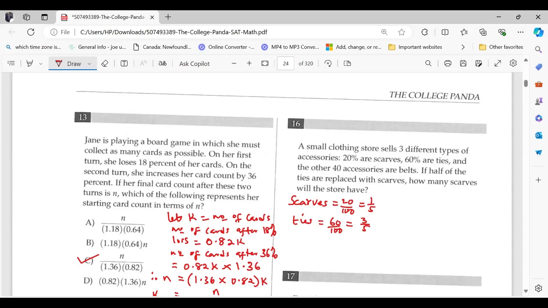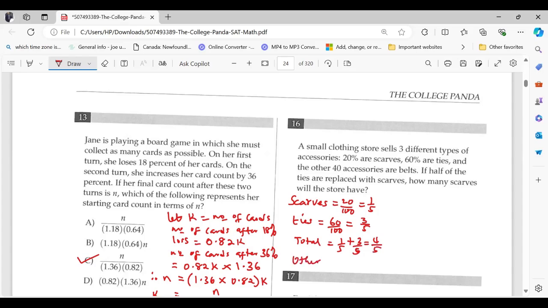Now, we are told here that the other will be 40. So let's take the total of this fraction. Total is 1 over 5 plus 3 over 5, which is 4 over 5.